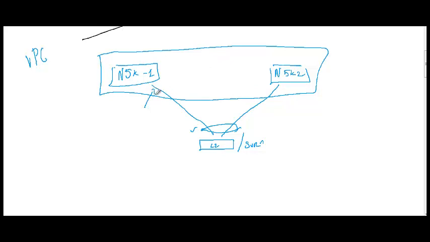Now this one we called as VPC member. Let us assume that the interface name is Ethernet 1/1. For having VPC, two main things are like peer links.